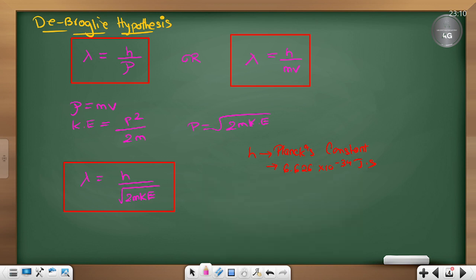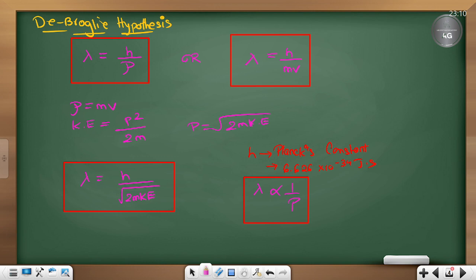So since h is a constant, I can write lambda proportional to 1 by momentum. Clear? So the more the momentum, the lesser the lambda value. If momentum is more due to increase in mass, automatically lambda is less. So we are not going to observe the wave nature, but it does have a wave nature.